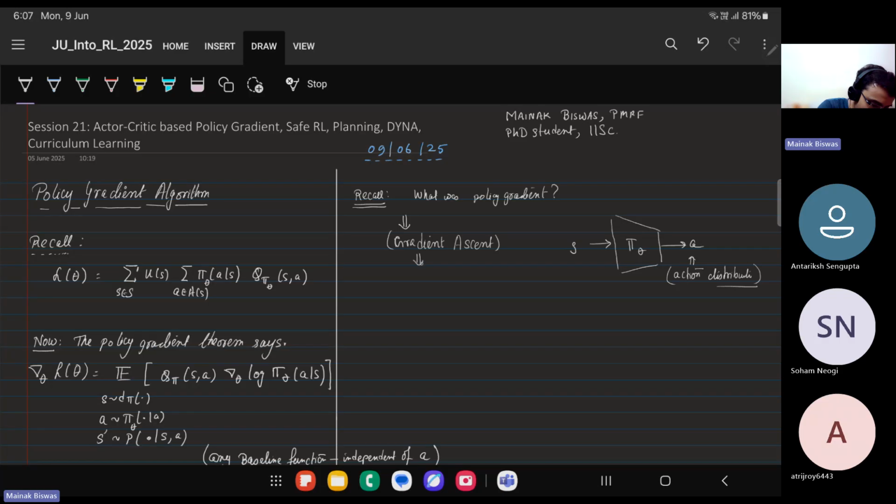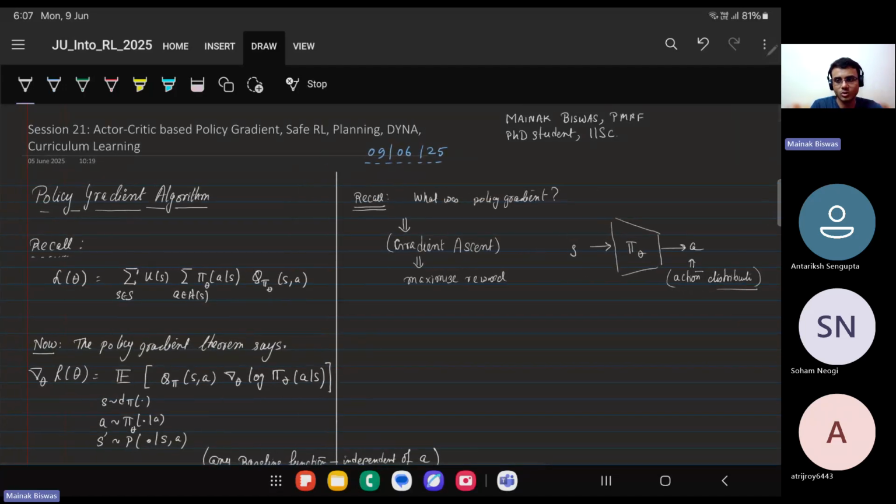Gradient ascent, because you have to maximize reward. Sorry, gradient ascent, same thing. You can always invert the loss and then do gradient descent if you like.